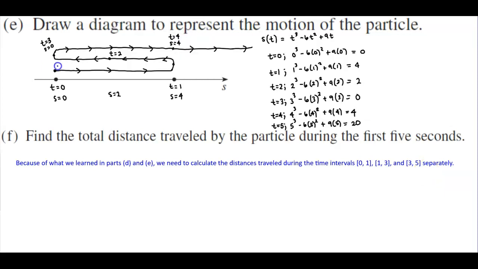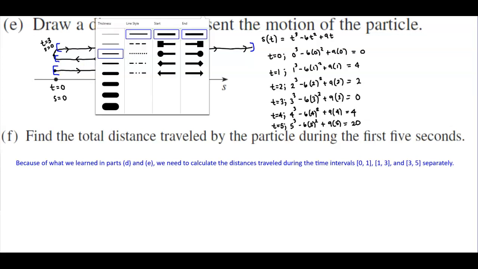So we go from 0 to 1, then from 1 to 3, and then from 3 to 5. We want to determine the total distance traveled.